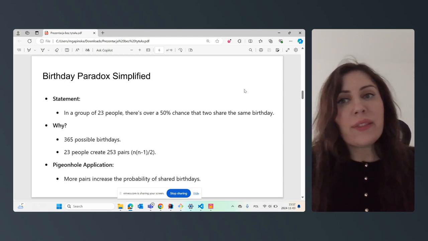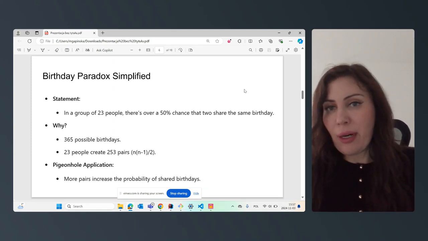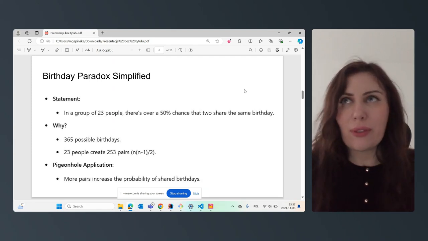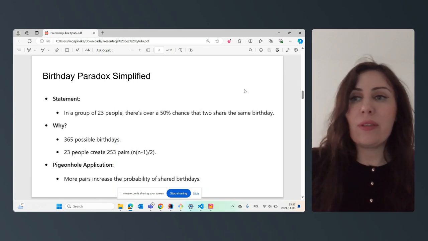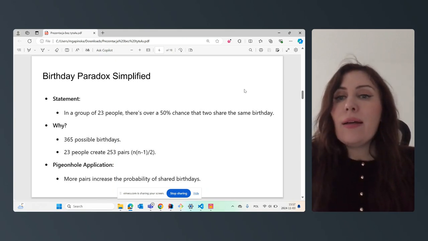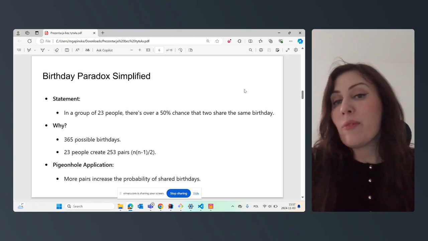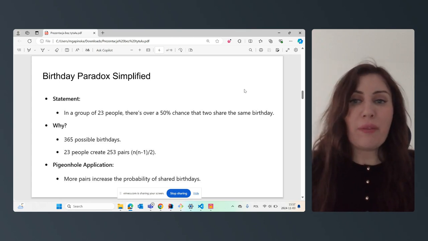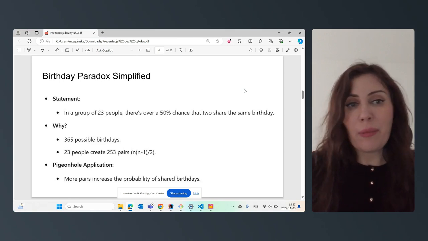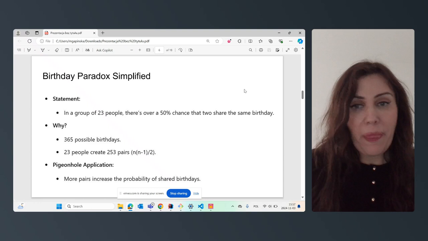Another example is the birthday paradox simplified. This solution may be totally different than the one which intuitively comes to us. The statement is, for example, in a group of 23 people, there is over a 50% chance that 2 share the same birthday. Why?